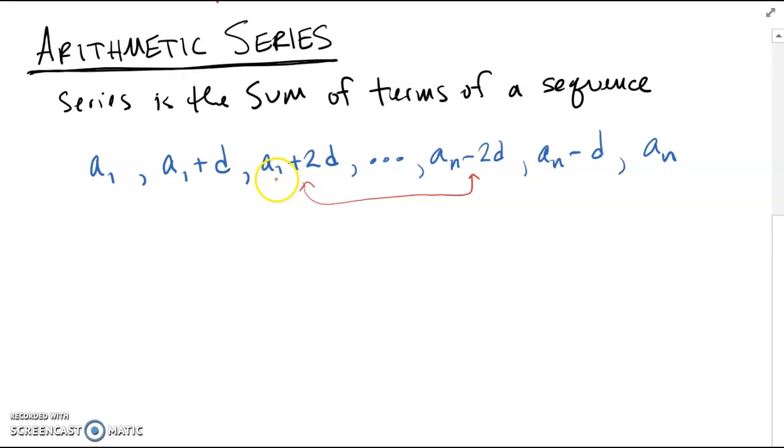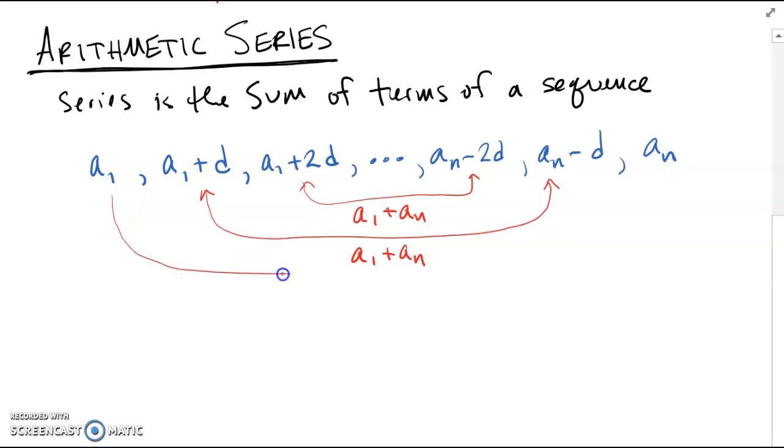Well, if I do a sub 1 plus 2d plus a sub n minus 2d, the 2d's cancel, and I just get a sub 1 plus a sub n. Same thing for this pair: I'd have a plus d on one, minus d on the other. That adds up to a sub 1 plus a sub n. And of course, if I go to the very first and the very last, that is a sub 1 plus a sub n.